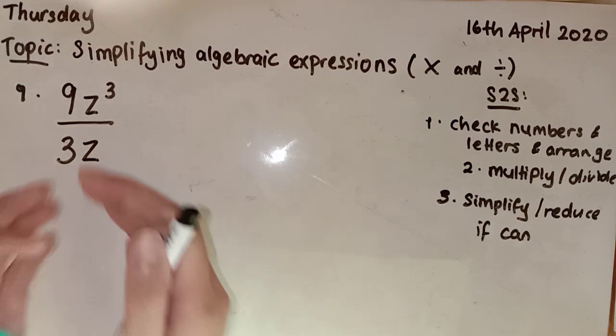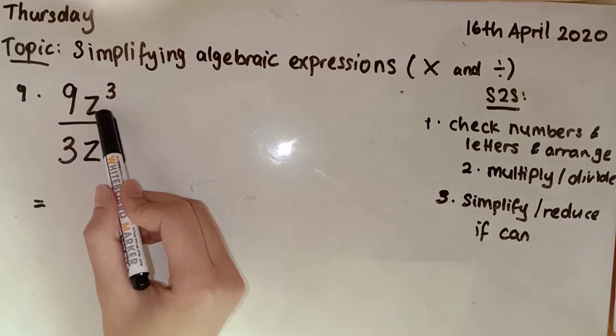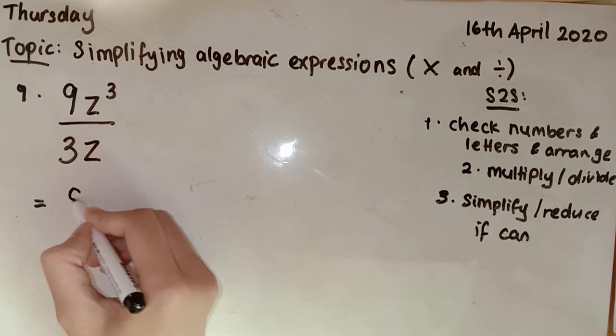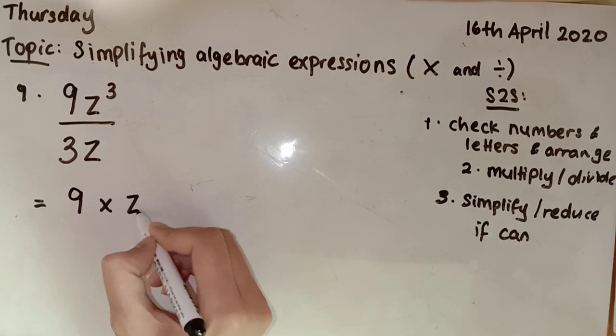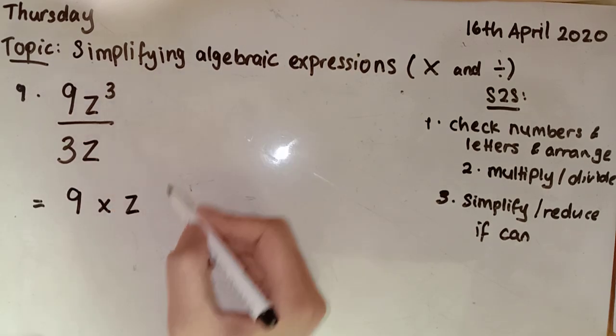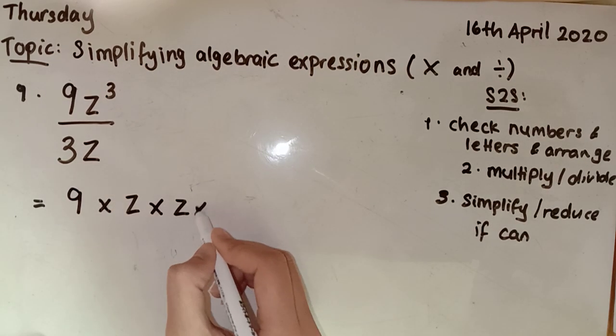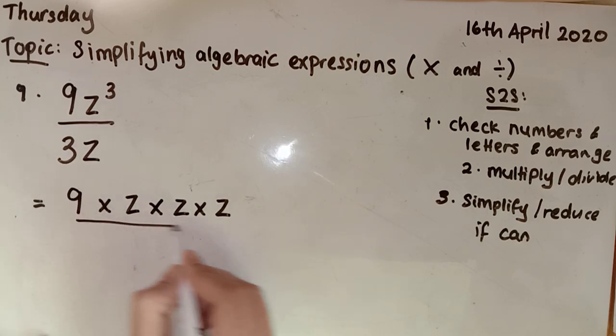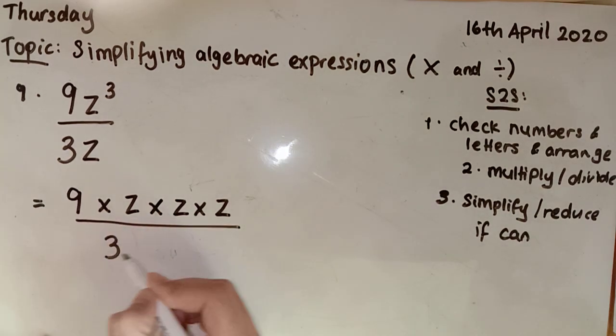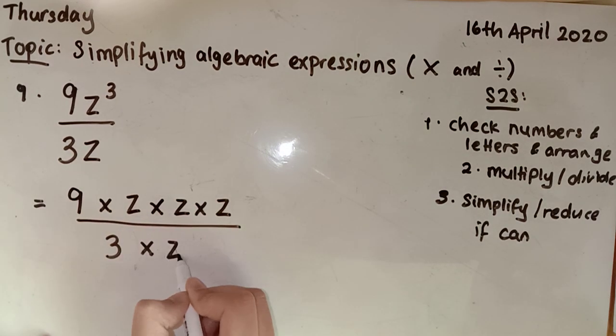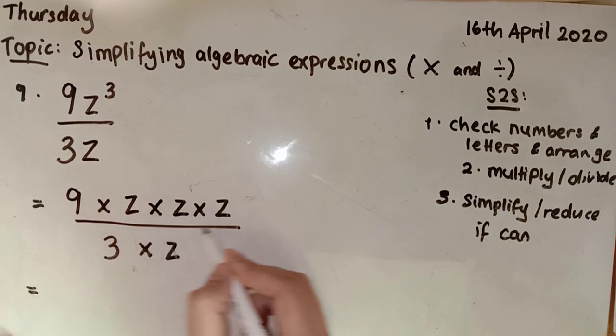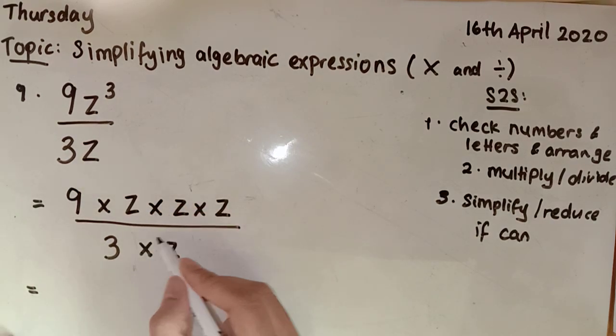Okay, so we need to expand. Buka dulu. Ni, apa artinya ni? Okay, so 9 times z. Z itu berapa kali? 3 kan? So, times z over 3 times z. Okay, so Z ada di atas 3 buting, Z ada di bawah sebuting.